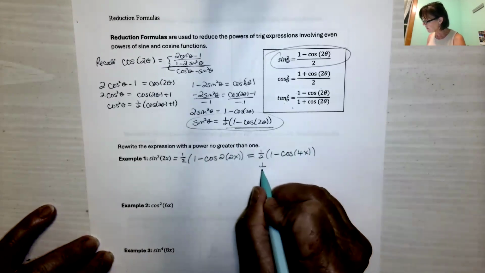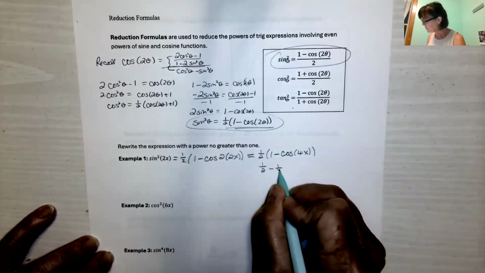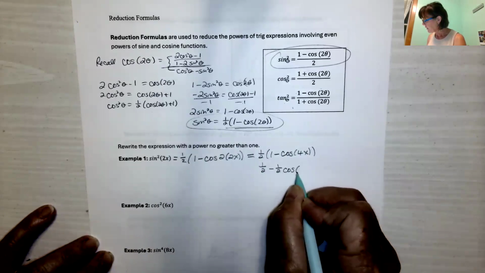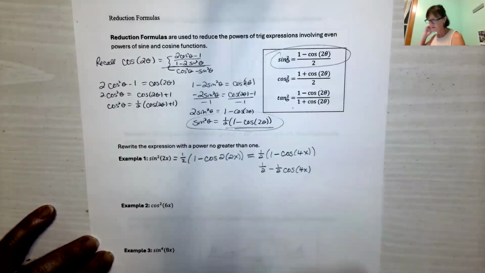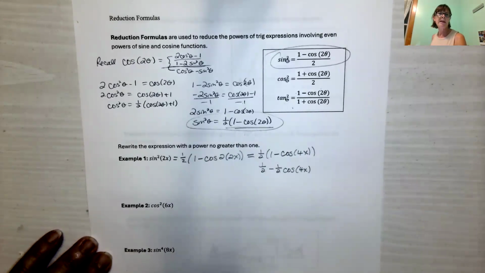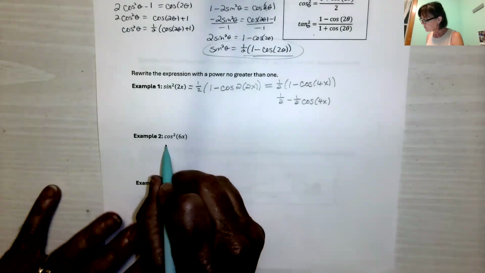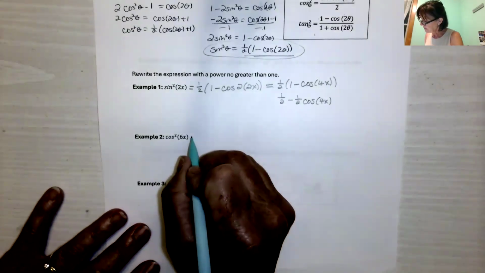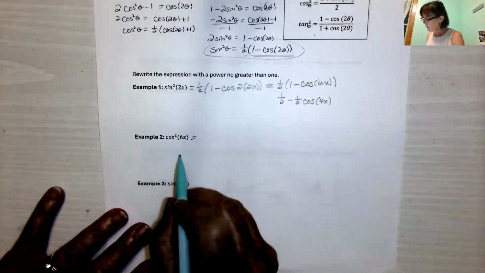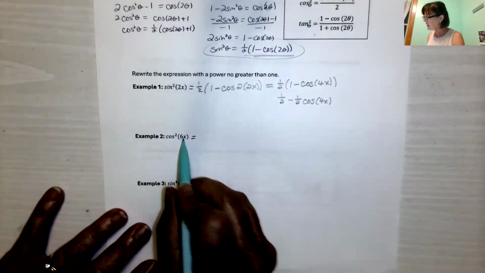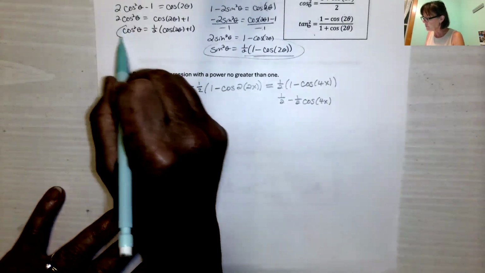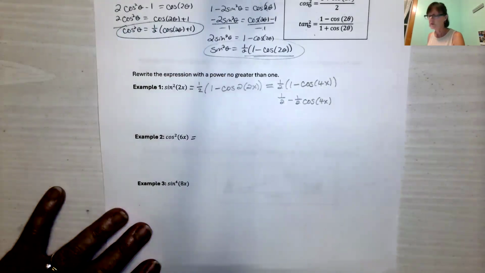You could distribute the 1/2 if you wanted to. You could write it as a single fraction with a denominator of 2, but that's the answer to that. Okay, very simply, the next one, cosine squared of 6x is equal to, well, the cosine squared of an angle theta is equal to this right here.